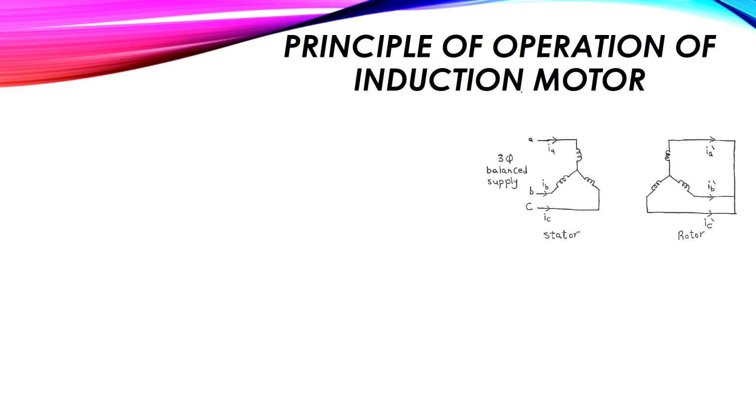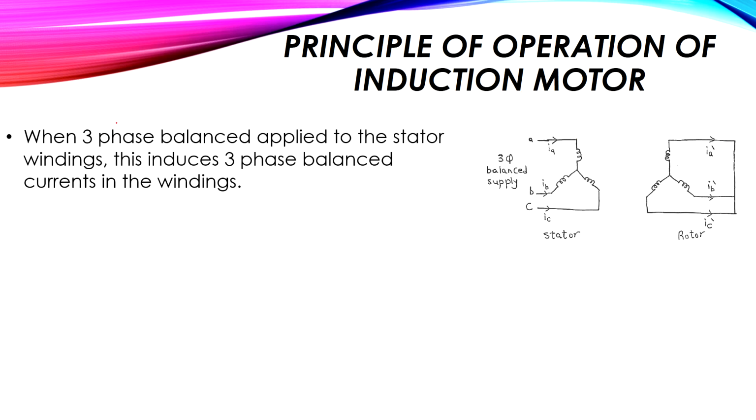Okay, so how does the induction motor operate? First, a three-phase balanced supply is applied to the stator winding. So we have here V1, V2, and of course V3, the three-phase balanced supply, or VA, VB, VC, whether we are talking about phase or line.